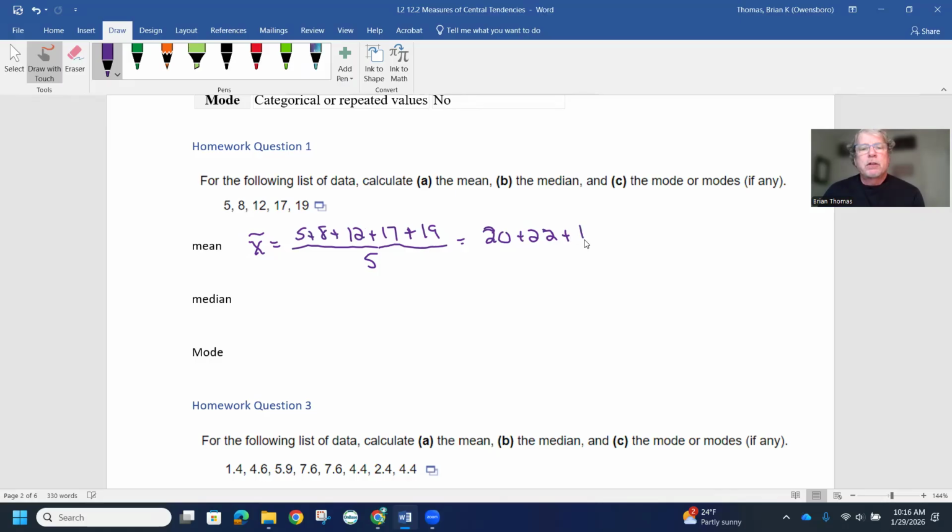And then we have this 19, divided by 5. We have 42 plus 19, divided by 5. So that would be 61.